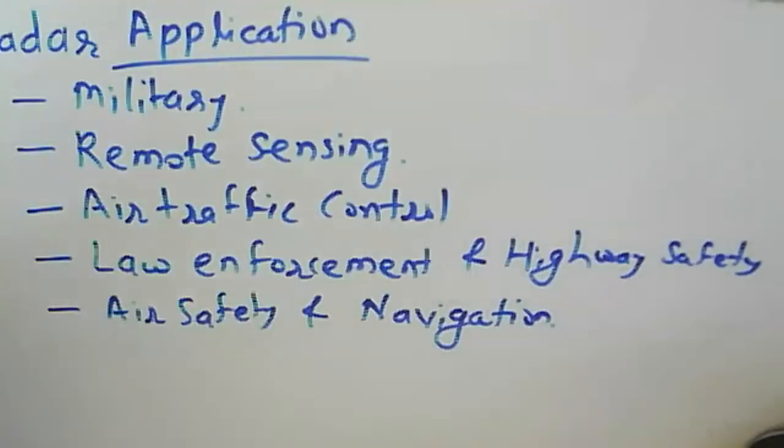If there is heavy rain, it is unable to detect that particular region, so navigation is difficult. That's why we measure what conditions are available, and according to that the aeroplanes or aircraft are diverted to a particular position or direction. Then ship safety.